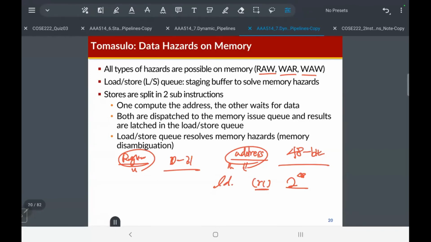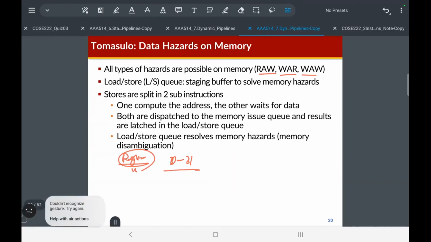So checking the same address is also challenging. It's not easy, but we also need to check data hazards on memory. If not, then this processor may generate incorrect results. We need to avoid this case.